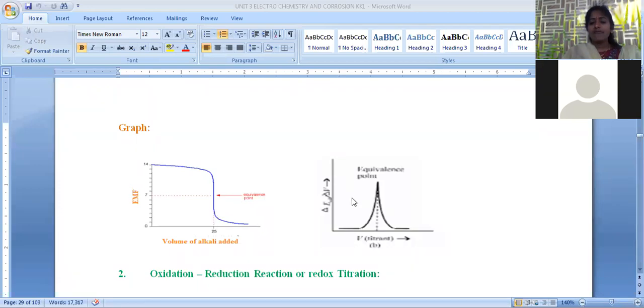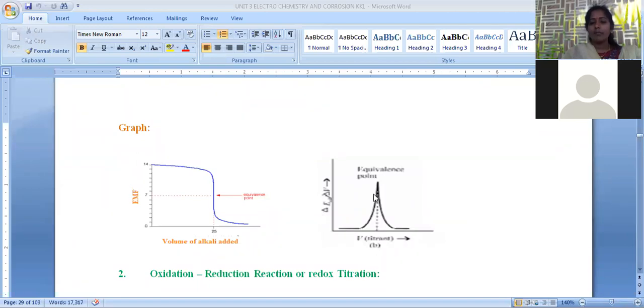One more graph is also plotted by taking delta E by delta V. Delta E is the potential difference, the difference between adjacent potential values, and delta V is the volume difference. We plot this ratio, delta E by delta V, versus volume of alkali added from the burette, V. The graph is obtained in this way.